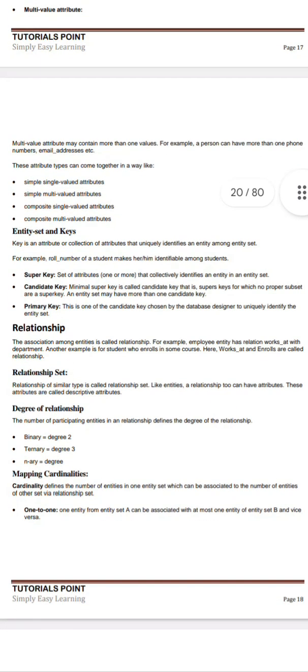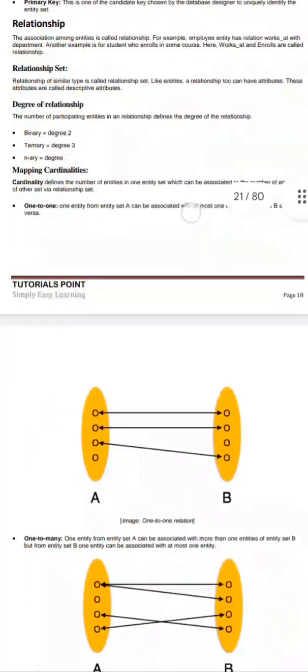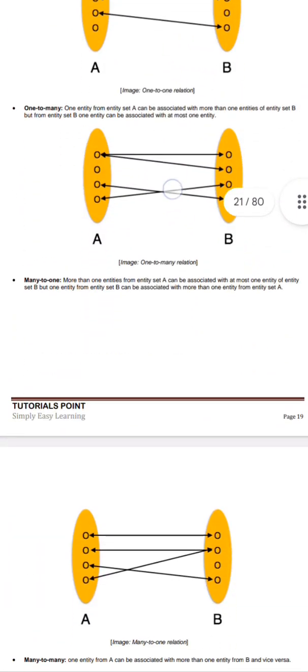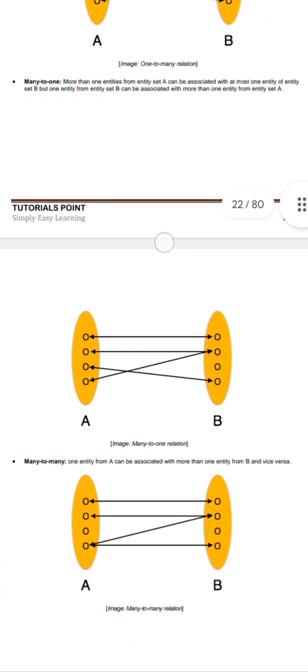Okay, next topic is mapping cardinalities. Cardinality means the number of entities in one entity set that can be associated with the number of entities of another set via a relationship, which may be one to one, one to many, many to one, and many to many.